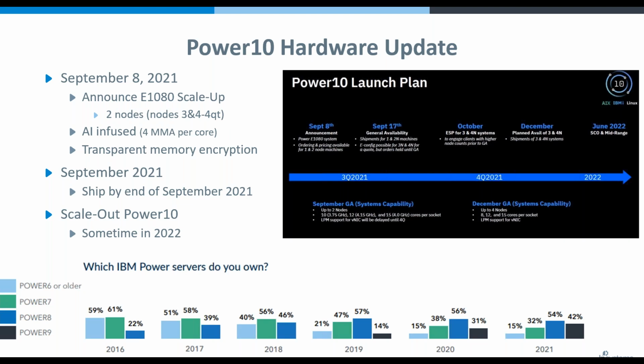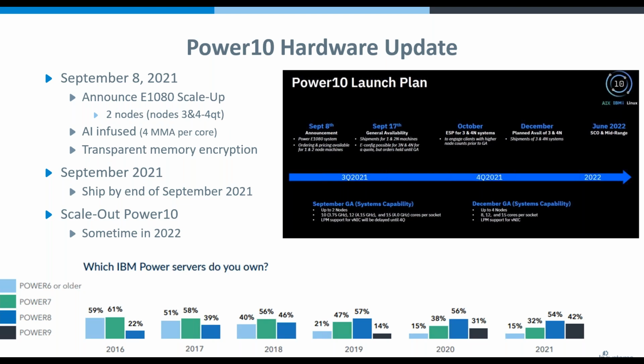And then the scale-out of the rest of the Power10 technology will be sometime in 2022. You can ignore my date there because I'm not sure that's firm. This is an earlier slide from this summer. But they've also announced the 4 nodes, and those 4 nodes will be GA in the December timeframe.